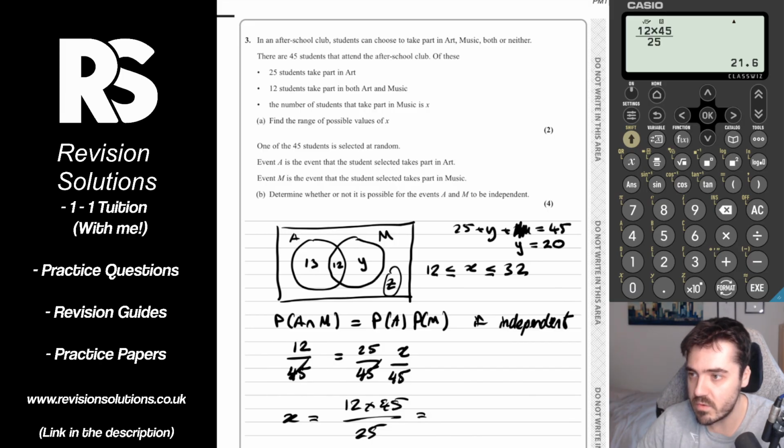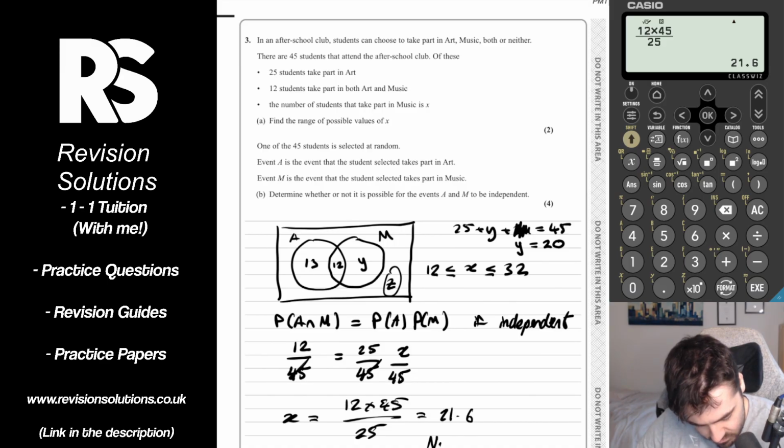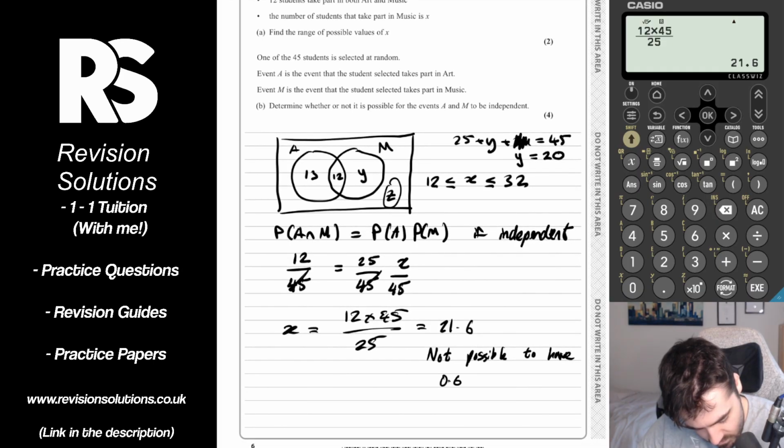We can't have 21.6 students be taking music. Not possible to have 0.6 of a student. Therefore, they're not independent because we can't satisfy the relationship for independence.